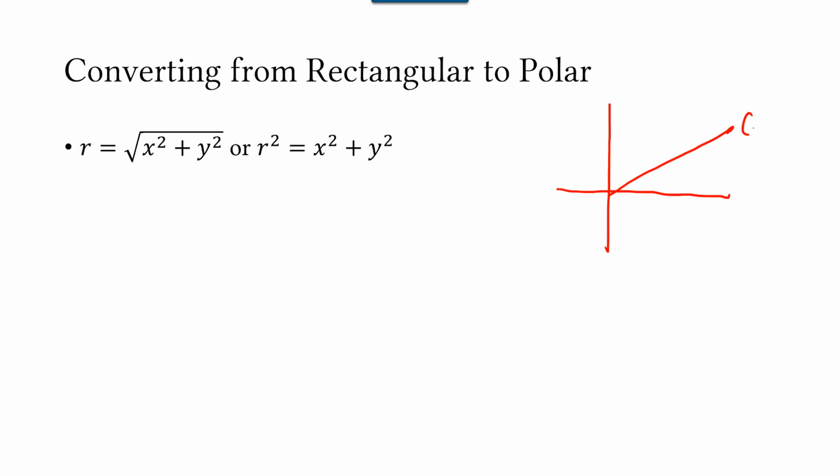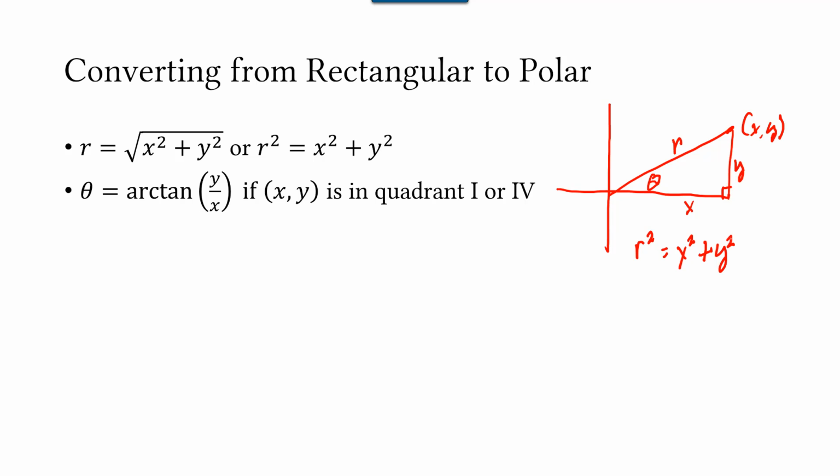It's got xy coordinates, say x, y, which gives me a right triangle with hypotenuse r, adjacent side x and opposite side y, and so by the Pythagorean theorem, r squared is x squared plus y squared, and that tells me how to get the r from the x and the y. I can also take the square roots of both sides, and then I would have r by itself.